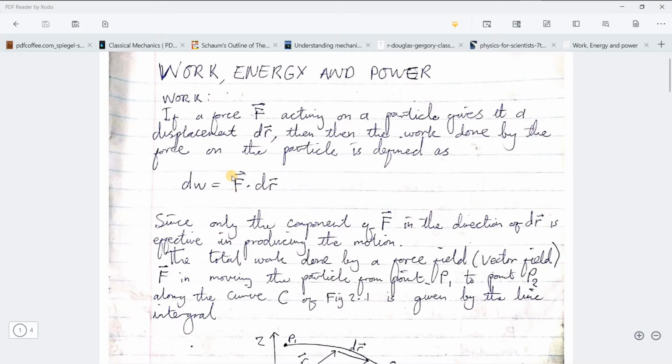As you can see, these are vectors, F dot dr. So what we're practically taking here is the dot product of these two vectors. This is the force vector and this is the dr vector. In all cases you have to be given this force vector in the question.